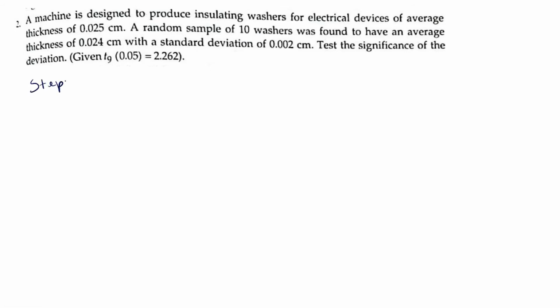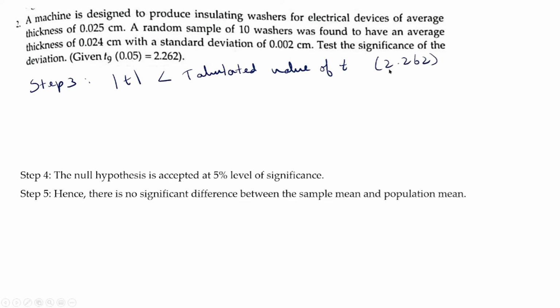Then we have step 3, mod t less than tabulated value of t, that is 2.262. So finally we have step 4 and step 5. The fourth step is the null hypothesis is accepted at 5% level of significance.